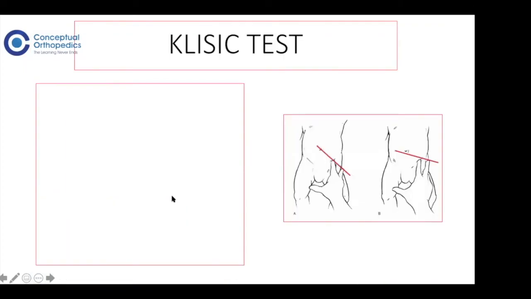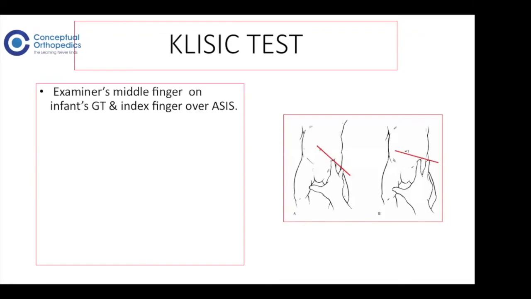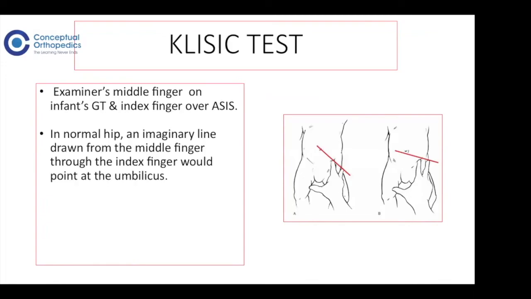The Klisic test is something like a shoemaker's line. You keep the middle finger on the infant's greater trochanter and the index finger over the ASIS, and an imaginary line is drawn from the middle finger through the index finger to the point of the umbilicus. Usually it crosses above the umbilicus.